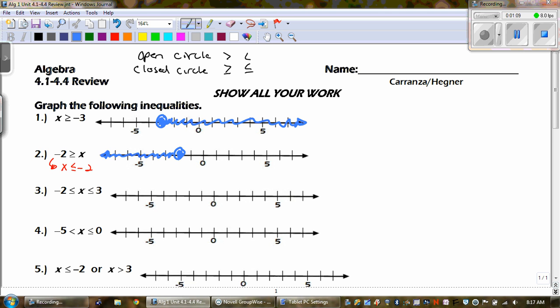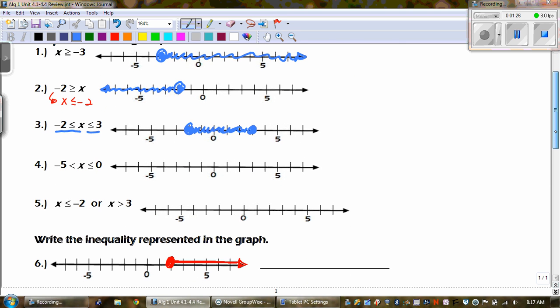All right, number 3. At -2, we are closed, and at 3, we are closed, and with this type we want to shade the middle. All right, number 4. At -5 we're open, at 0 we're closed, and once again we shade in the middle.